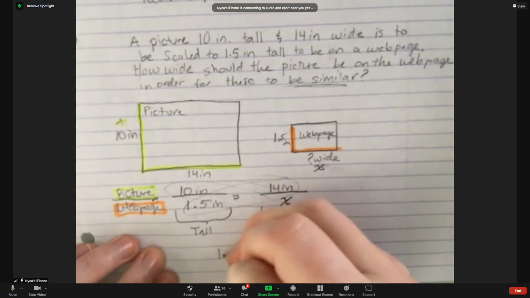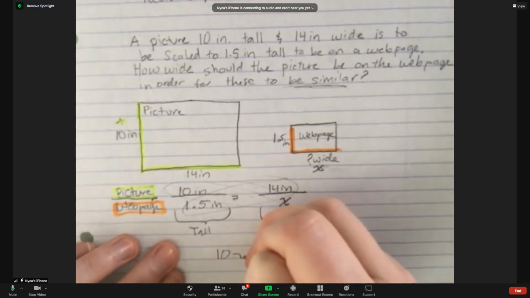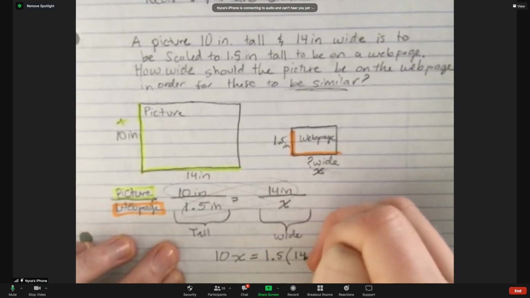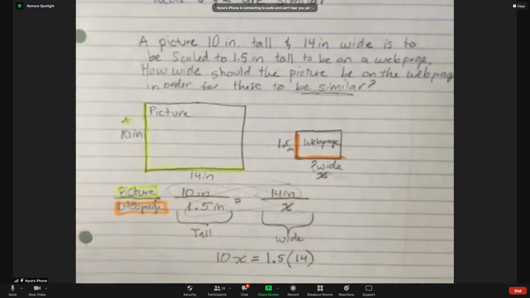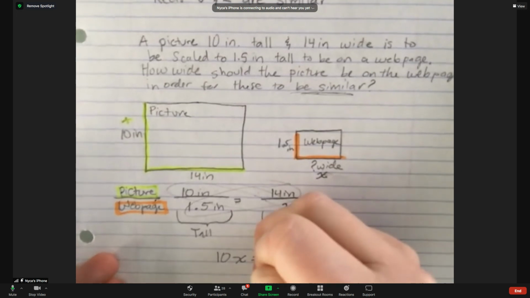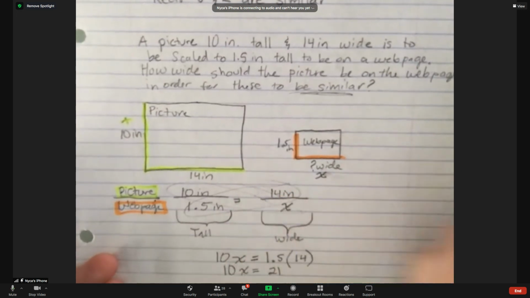All right, that means that 10x equals 1.5 times your 14. Yes, you can use a calculator if you don't know how to do the multiplication, but I should see this step. So 1.5 times 14 gets you 21 equals 10x.